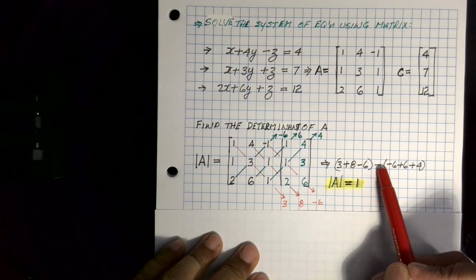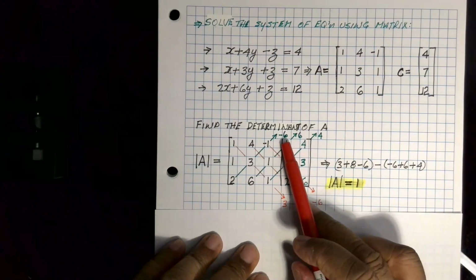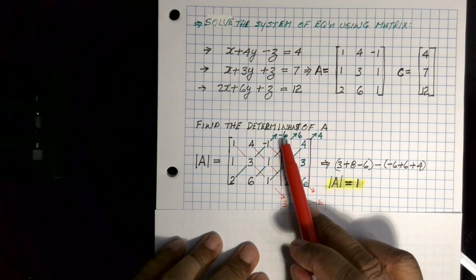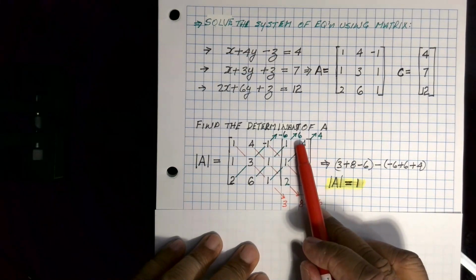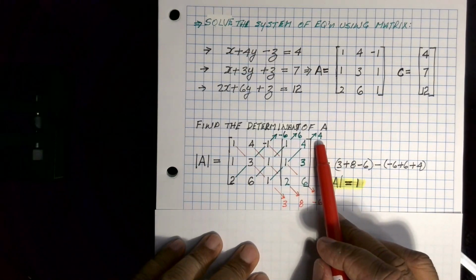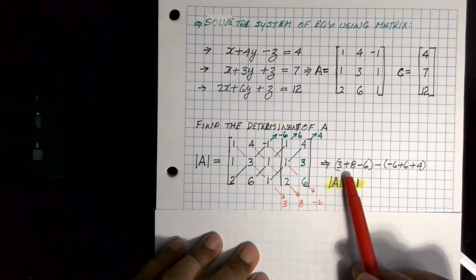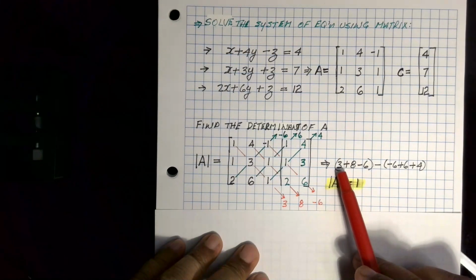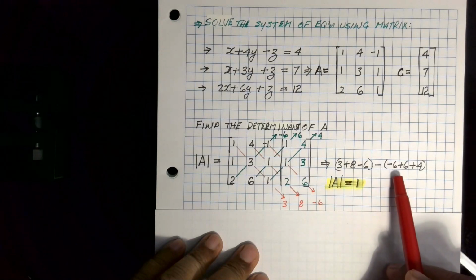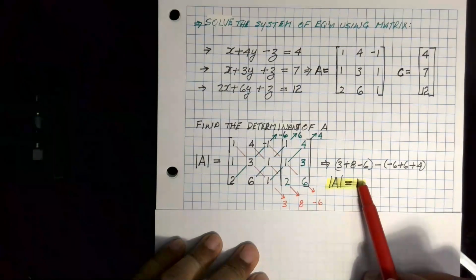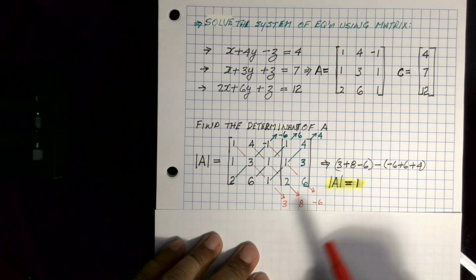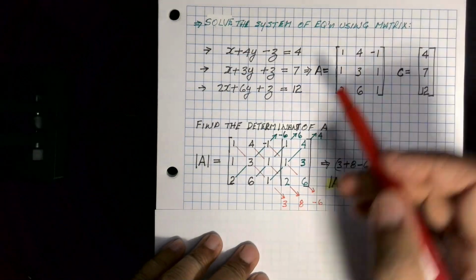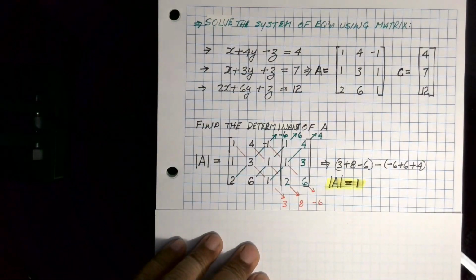We're going to put our minus sign in there, and take away the sum of the off diagonal. Minus 6 plus 6 will give you 0, plus 4 will give you 4. So we have 2 right there, plus 3 is 5, minus 4 will give you plus 1. So that is the determinant of A, right? That's how you find the determinant of A.